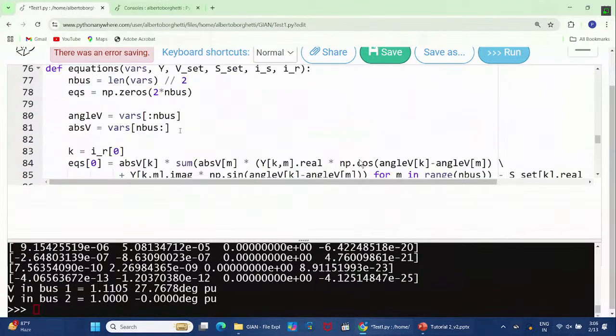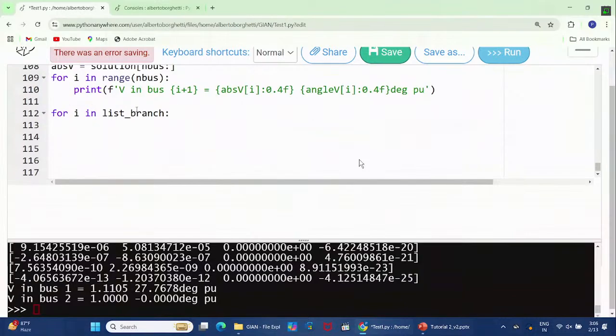So at the back, in the for loop over the list of branches, I will say i dot, and then the name of this function that we have put, and we can so calculate i.power_flow in parentheses, and then here we need to say what the voltages are.